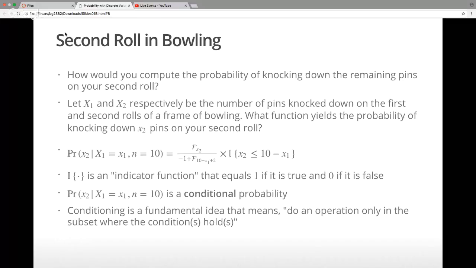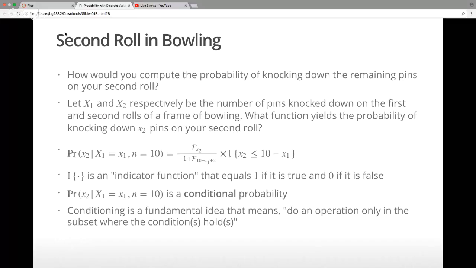And conditioning, this given thing, is a fundamental idea, and it basically means do this operation only in the subset where the condition holds. So the probability of knocking down 4 pins, given that you knock down 5 pins on your first roll, is going to be different than the probability of knocking down 4 pins on your second roll, given that you knock down 3 pins on your first roll.